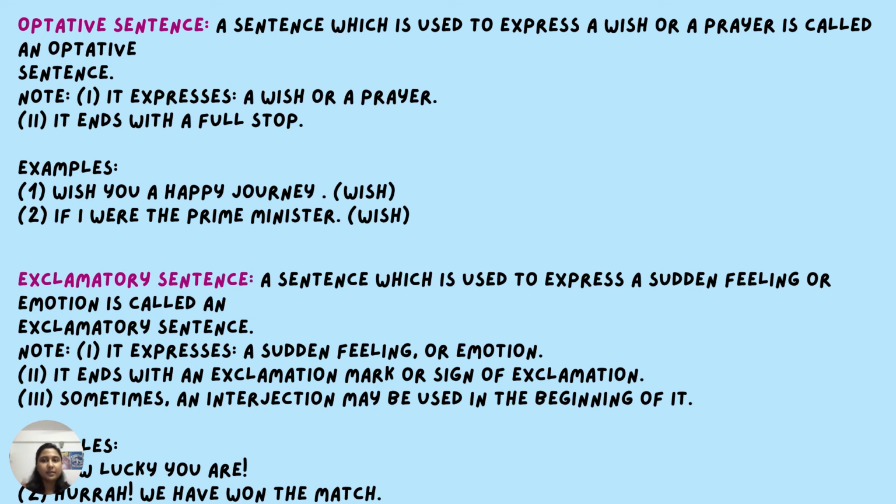Interjection sign is the exclamatory sign, so don't confuse it. So for example, "How lucky you are!" For example, my friend got a dress and my mom didn't let me buy it, so I was like, "How lucky you are," expressing a sudden feeling, right? And the next one says, "Hurrah, we have won the match!" expressing the feeling of joy, feeling of happiness.